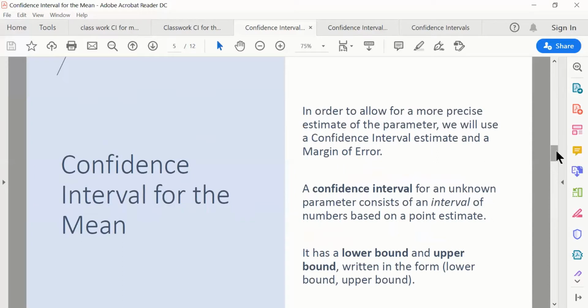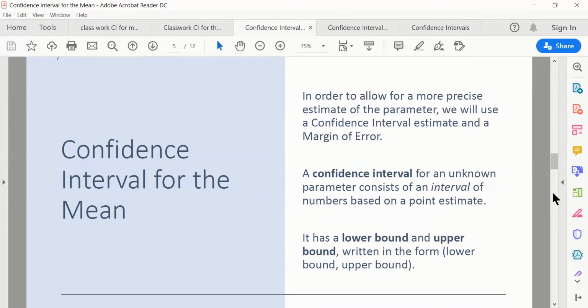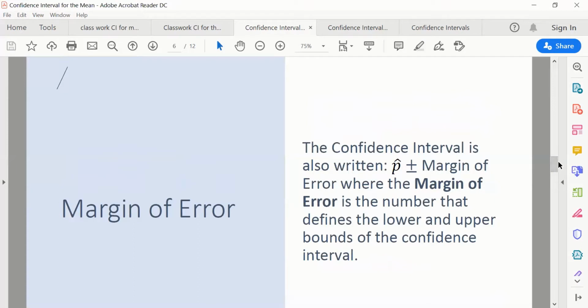So in order to have a more precise estimate of the parameter, we will use a confidence interval with a margin of error. We write it as an interval with a lower bound and an upper bound, same as what we've done with the mean. Or we can write it as p-hat plus or minus the margin of error. So now our interval is going to look like p-hat in the center. And remember that p-hat is the sample proportion or percent.